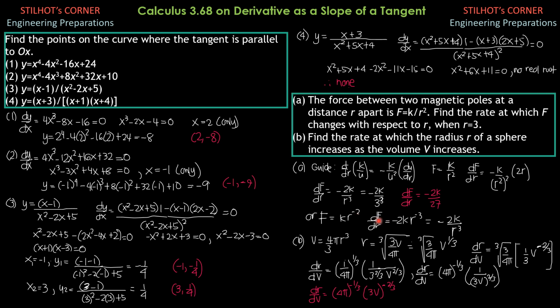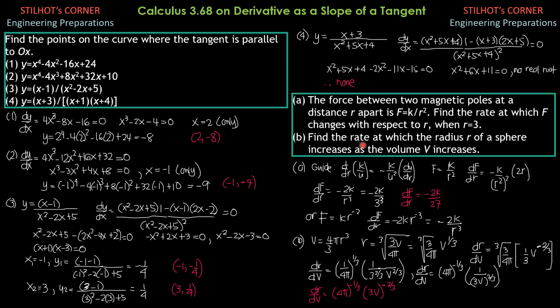So the derivative of F with respect to r is k times negative 2, or negative 2k r to the negative 2 minus 1, so r to the negative 3, which is more direct. So we have negative 2k over r cubed, which is the same as this. So when r is 3, we have the same result: dF dr is negative 2k over 27.